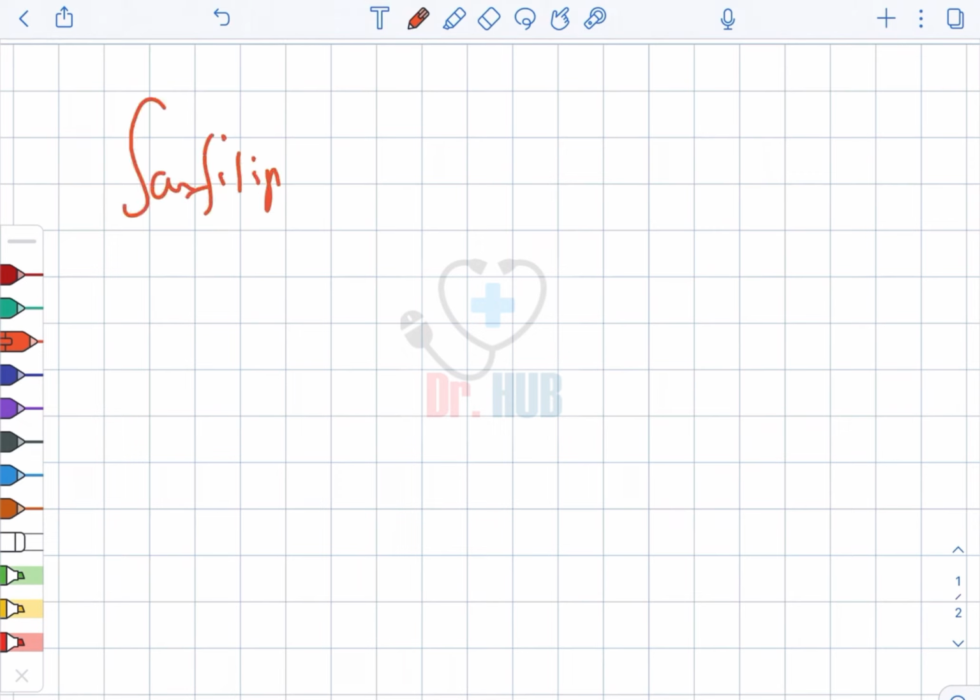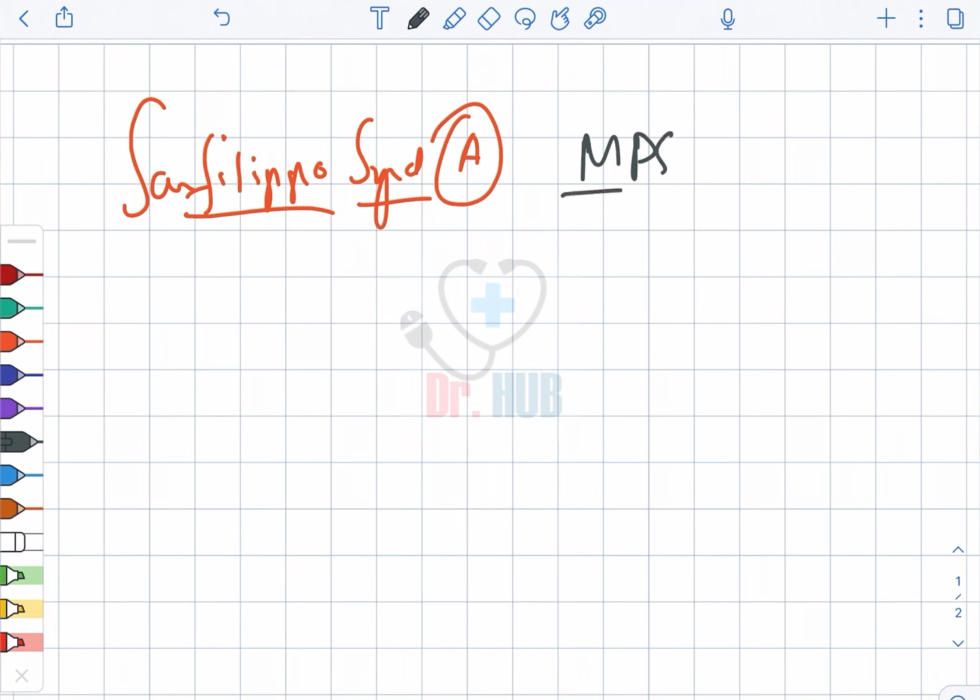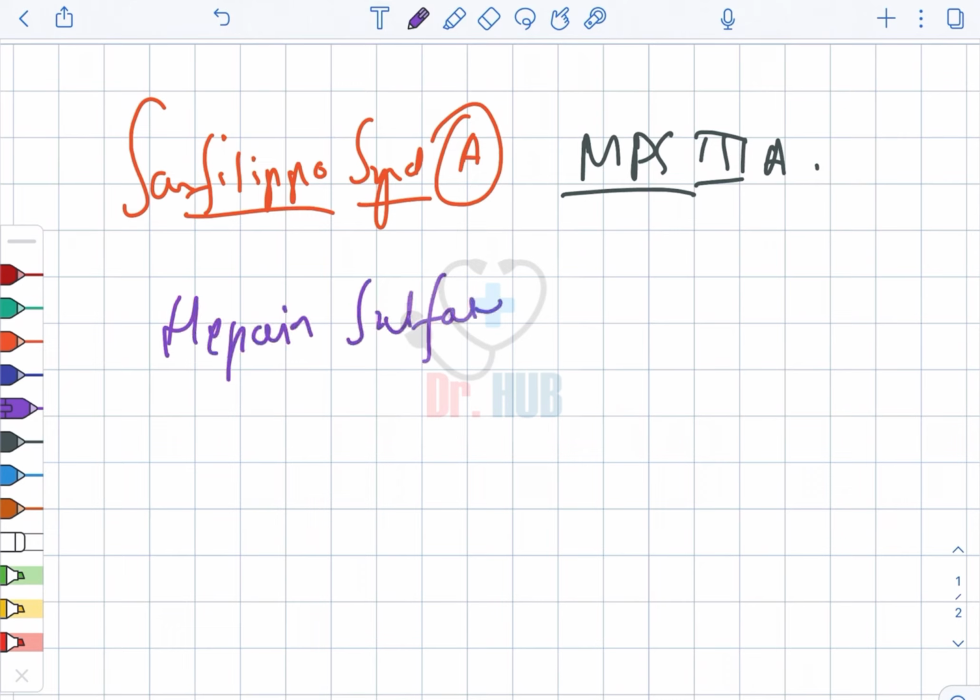Next we are looking at Sanfilippo syndrome A. So here the MPS which is involved is MPS 3A, and the enzyme deficiency is of heparan sulfate sulfatase.